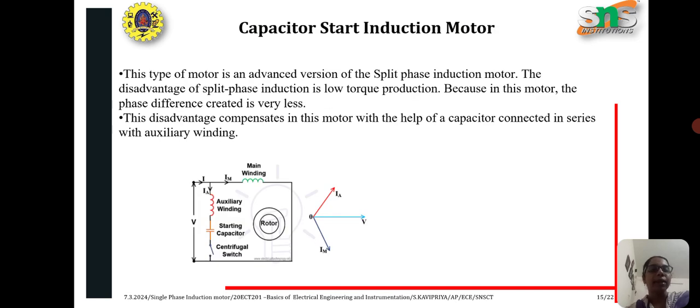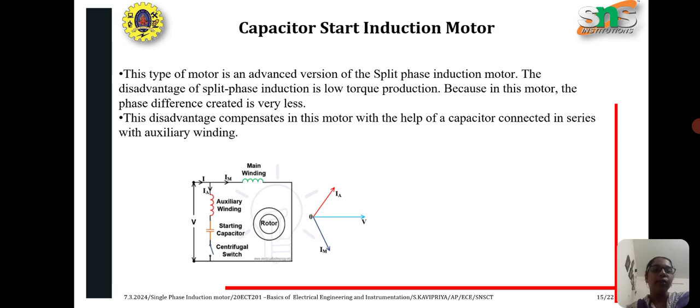And next is the capacitor start induction motor. It overcomes the drawback of the previous one, the split phase induction motor. The drawback of the split phase induction motor is that it produces a low torque. This drawback is overcome in the capacitor start induction motor by making use of a starting capacitor.